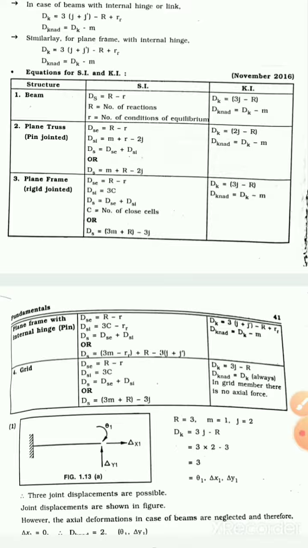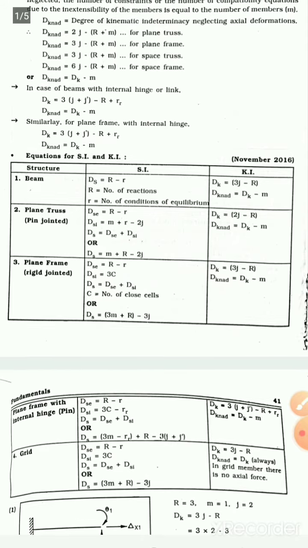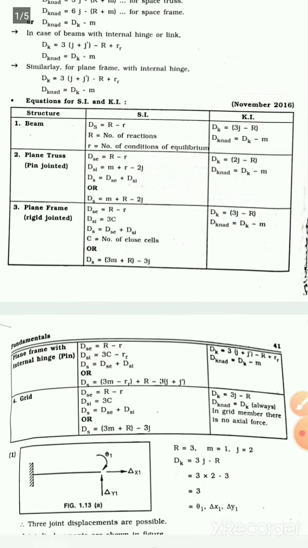So Dk NAD equals Dk minus m. Static indeterminacy Ds equals capital R minus small r. Remember, capital R is the number of reactions, small r is the number of conditions of equilibrium, and kinematic indeterminacy Dk is equal to 3j minus r, and the degree of kinematic indeterminacy neglecting axial deformation is equal to Dk minus m.